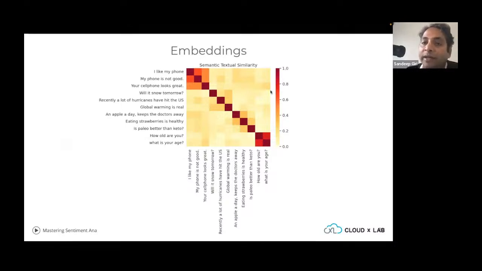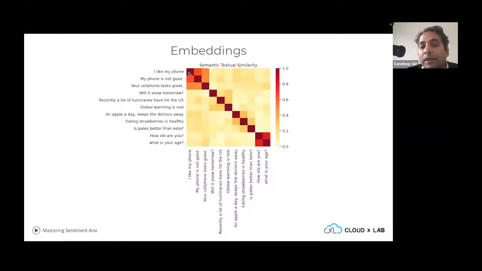We'll try to find out in this session how you find the similarities between sentences using embeddings. Say if somebody has to plot the similarities using embeddings, this is how it'll turn out to be.